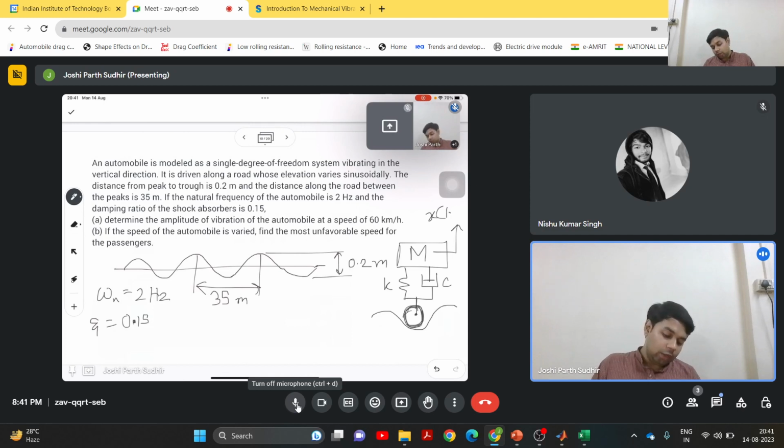So let us say that displacement of the mass capital M with respect to its equilibrium position is given by x of t, whereas the motion of the center of mass of the wheels is given by some value y of t, which is again with respect to its own equilibrium position.